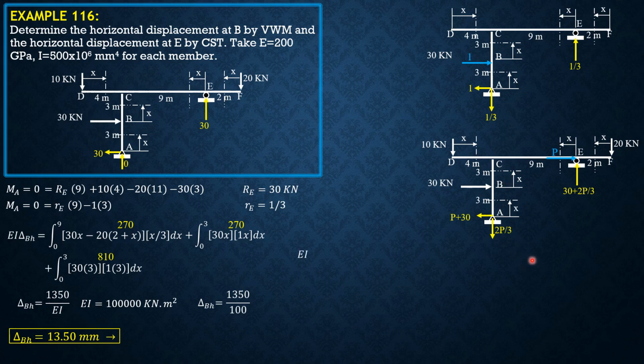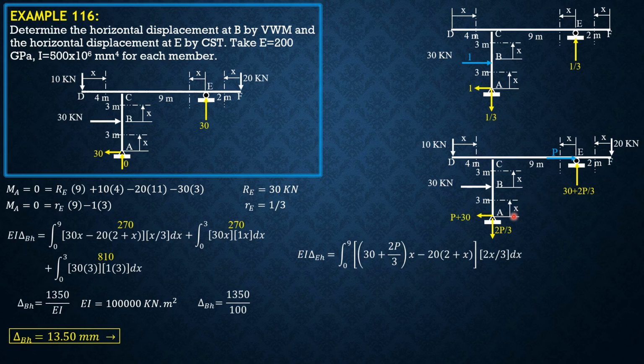So EI delta E horizontal is equal to integral from 0 to 9 of quantity 30 plus 2/3 P times x minus 20 times 2 plus x. Then the derivative is 2/3 x dx of this moment equation.